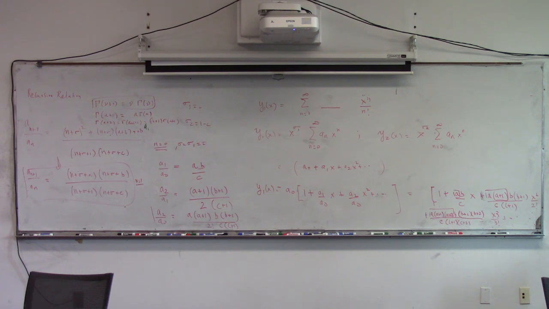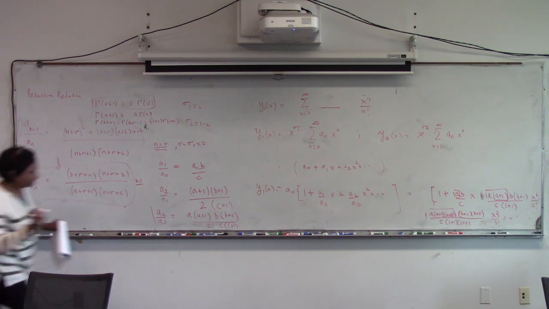Gamma of a plus 2 upon gamma of a is not correct, because it keeps changing, it's not 2. The fourth term is a plus 1, a plus 2, a plus 3. So gamma of a plus n, correct.